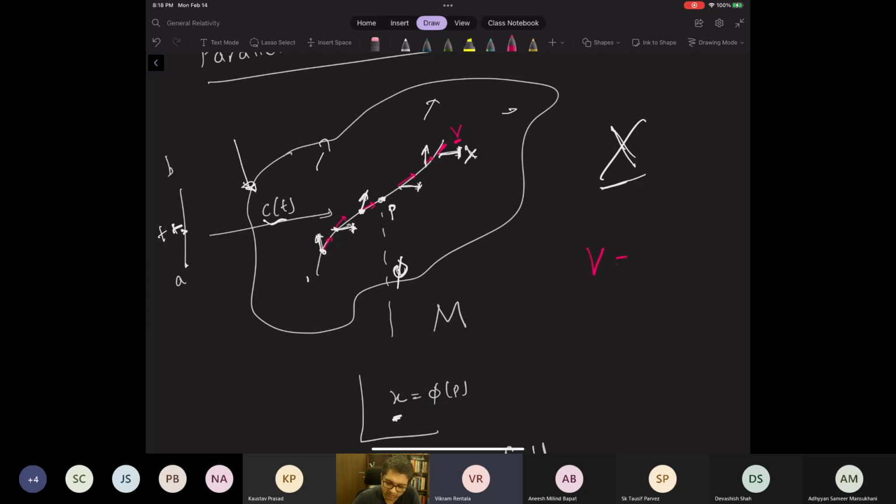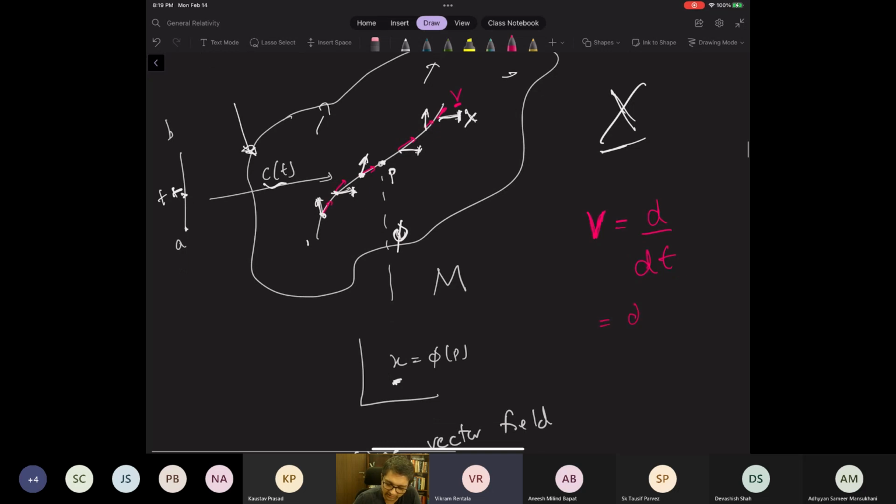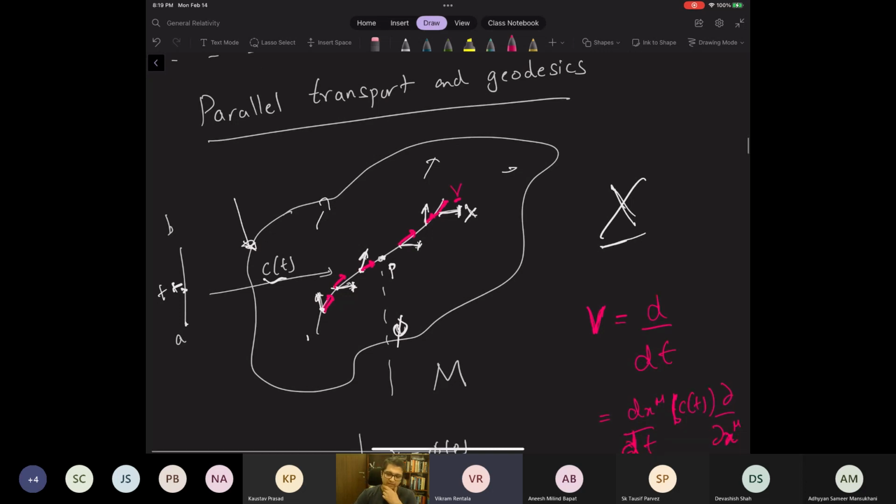So v, as we've already defined, is d by dt, or in components I can think of it as dx^μ/dt evaluated along the curve times ∂/∂x^μ. This is what I mean by v. You can imagine drawing tangent vectors to the curve, and v describes those tangent vectors. And v is only defined along the curve. X is defined everywhere, but we're focusing on x along the curve.